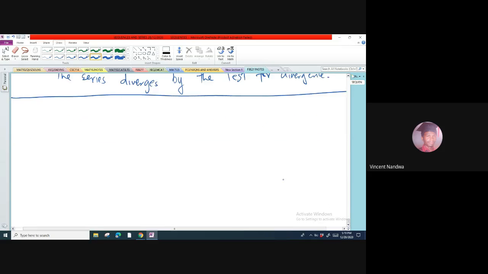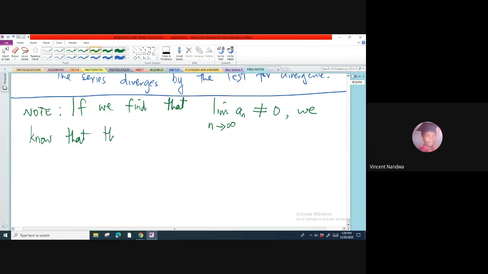NB: if we find limit as n approaches infinity of an is not equal to 0, we know that the series is divergent.